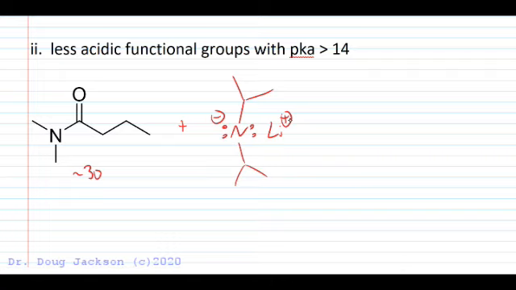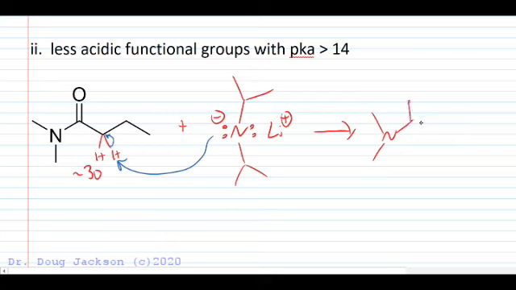Unless otherwise indicated, we're always going to react our LDA at negative 78 degrees, except when we're looking at thermodynamic enolates. We'll see that in a moment. Here, our alpha proton, there's two of them. One of them will do. Just like before, we'd grab that and create the alpha carbanion or the enolate form, whichever you prefer here. And we're going to get a very efficient transfer of this proton.